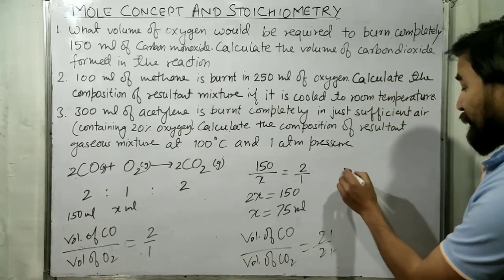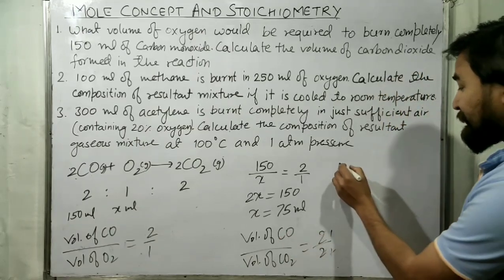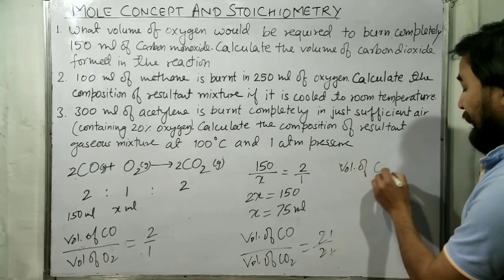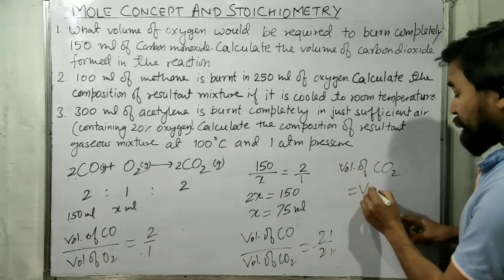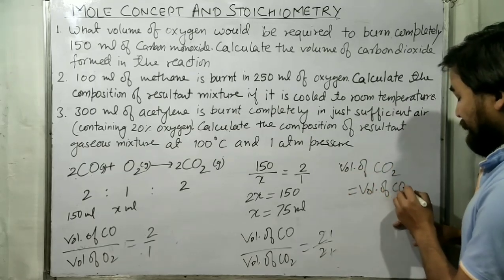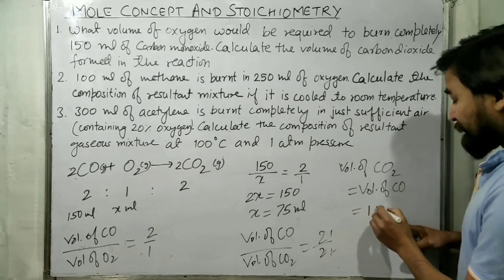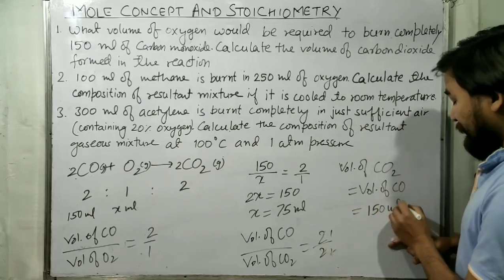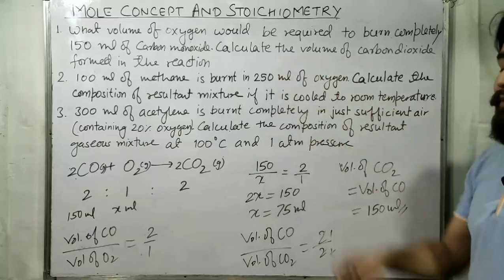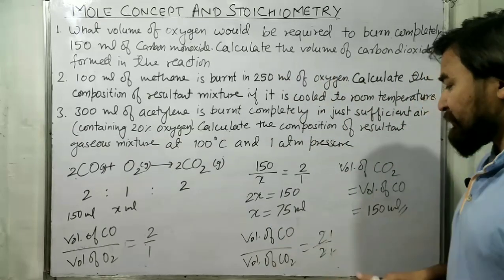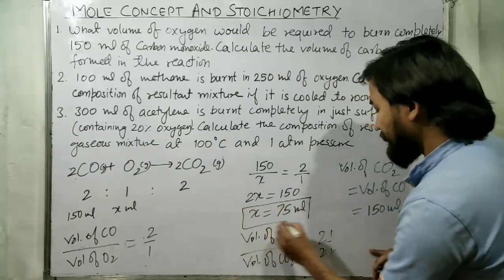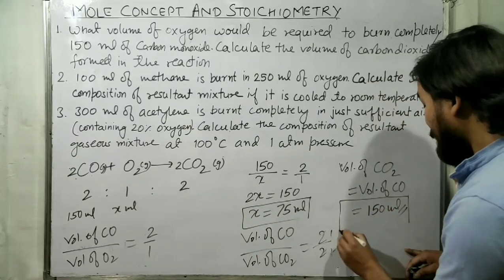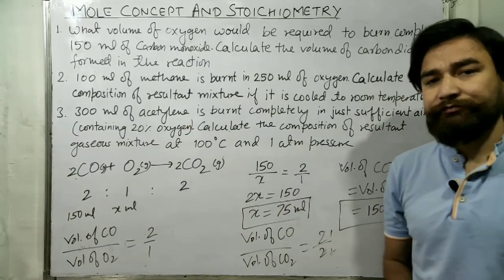So you can say that the volume of carbon dioxide is equal to the volume of carbon monoxide. So that is equal to 150 ml. So we have got the volume of both. So this is your answer. This is the volume of oxygen and this is the volume of carbon dioxide.